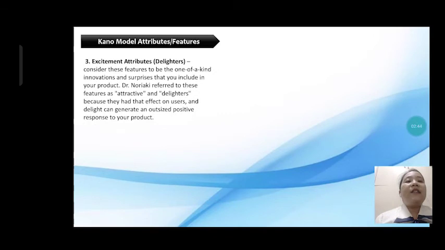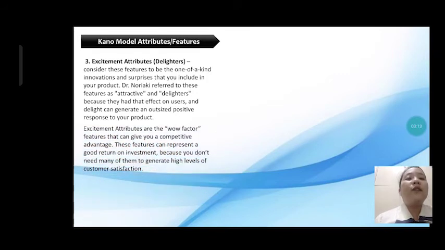Next feature of the Kano model is the excitement attributes, or the delighters. Consider these features to be the one-of-a-kind innovations and surprises that you include in your product. Dr. Noriaki referred to these features as attractive and delighters because they had that effect on users, and delight can generate an outsized positive response to your product.